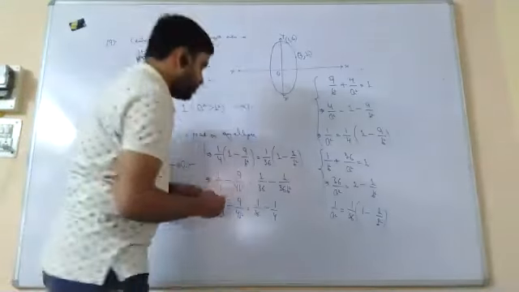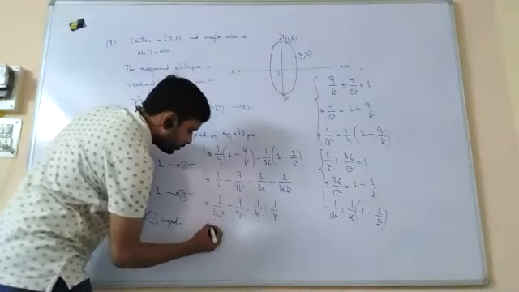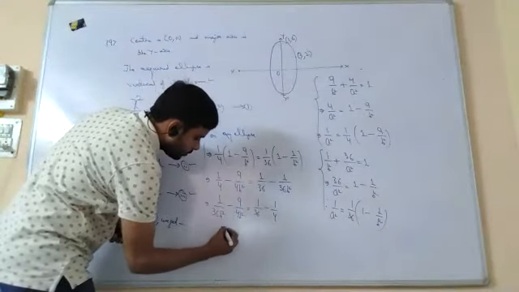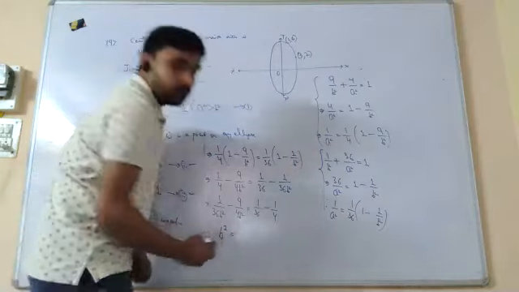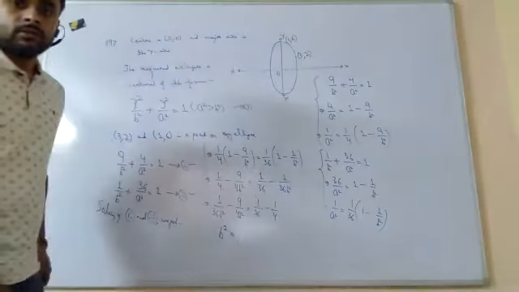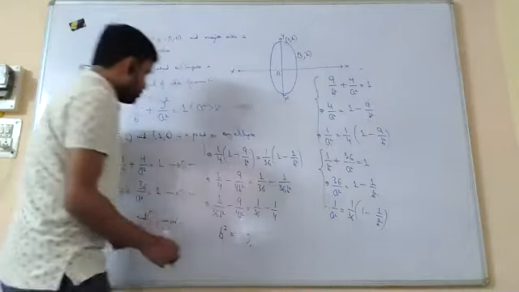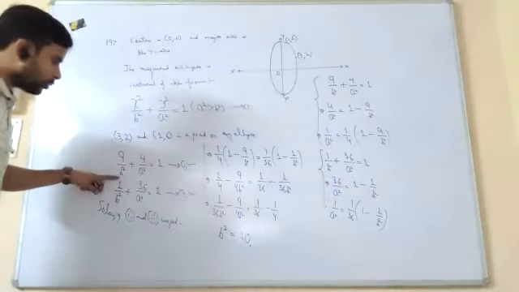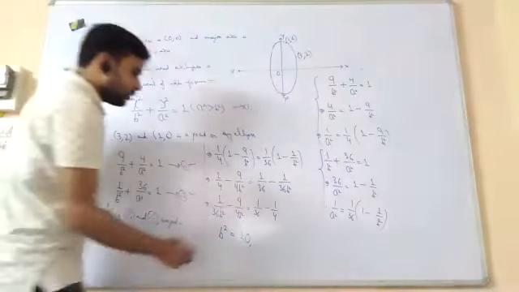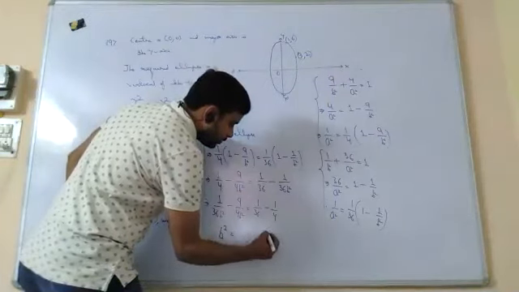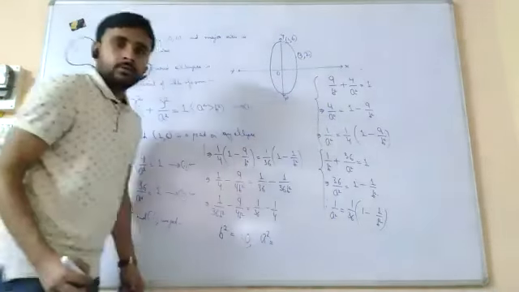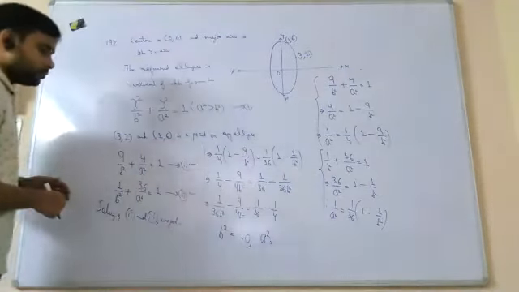So what is the value of b square? We got the answer 10. And what is the value of a square? Just put the value of b square in any one of the equations, you get the value of a square. So tell me what is the value of a square?